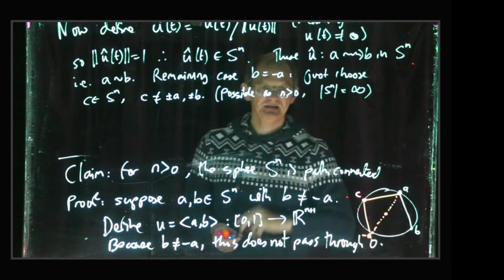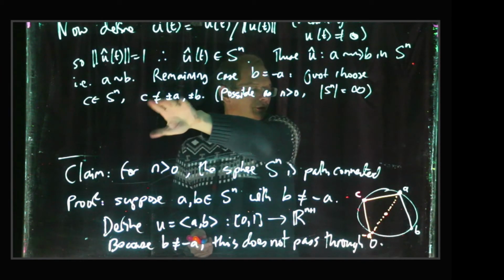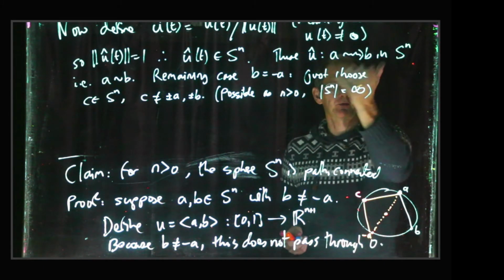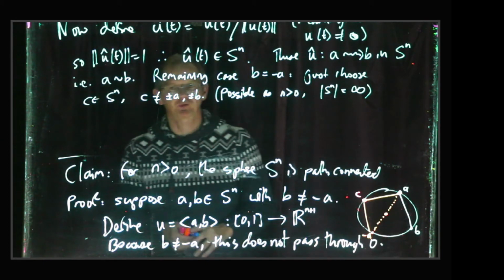Okay, so this is the kind of point where things would go wrong if n was 0. If n was 0, then the only 2 points are A and minus A, and you can't choose the third one. But as soon as n is bigger than 0, Sn's some infinite space, and you can choose a third point.